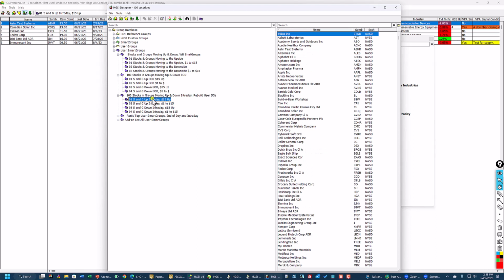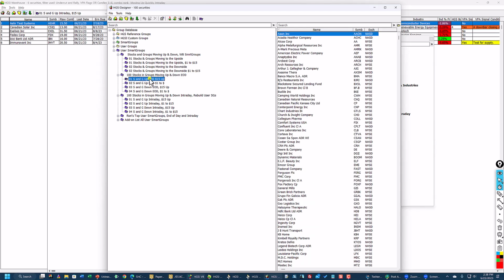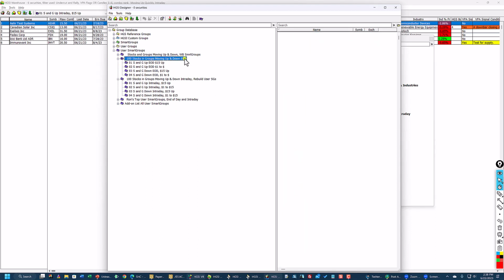The closing prices on the stocks that are going to be in this group right here are going to move up to this group at the end of the day. So, if that didn't confuse you, and I hope it didn't, just look at this: end of day, 100 stocks and groups moving up and down, and intraday, 100 stocks and groups moving up and down. I say rebuild the User SmartGroups before you do this so you can get what's current.